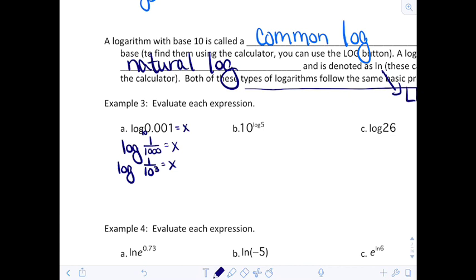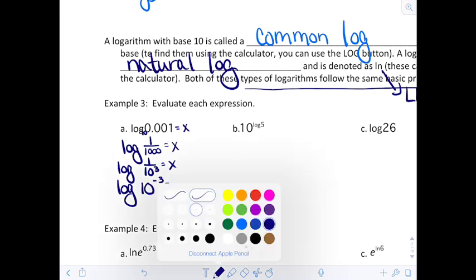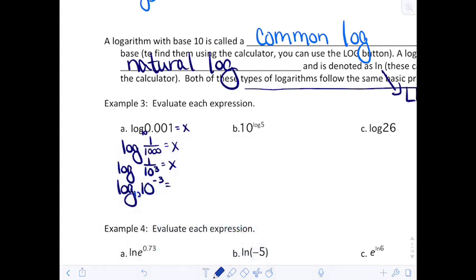If I want to put 10 to the third up in the numerator, I'm going to give it a negative exponent, and that would be log of 10 to the negative third. Since there's no base, it was base 10, those cancel, and the value is negative 3. And you can always go to your calculator and type in the log of 0.001, and it'll show you negative 3. I would encourage you to do that just to confirm.